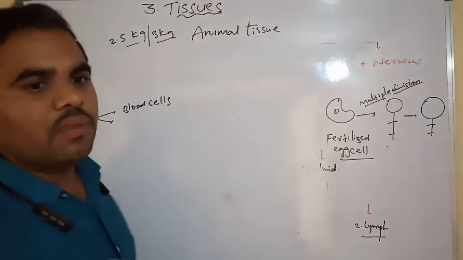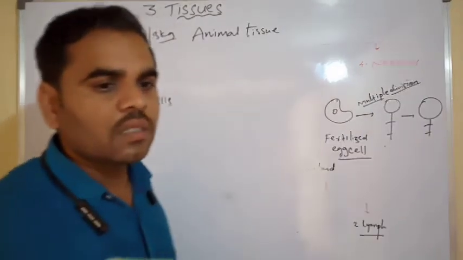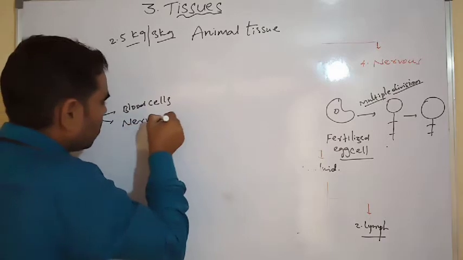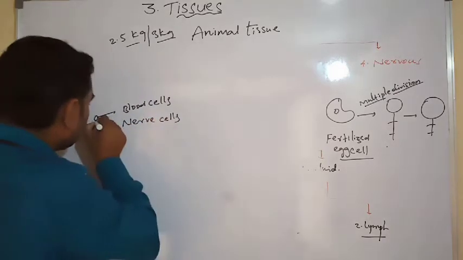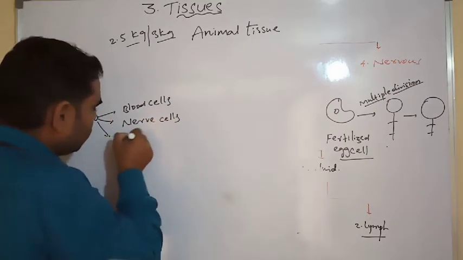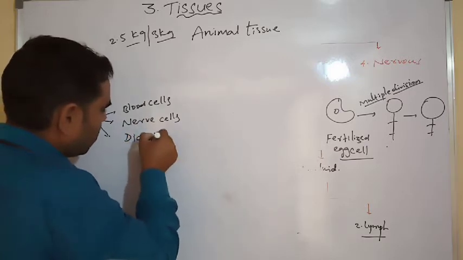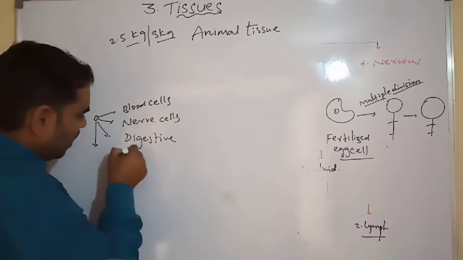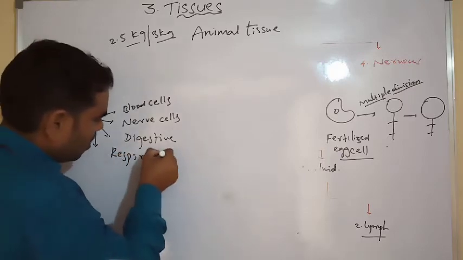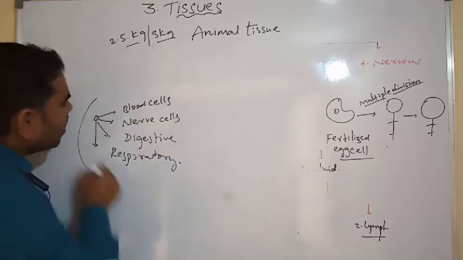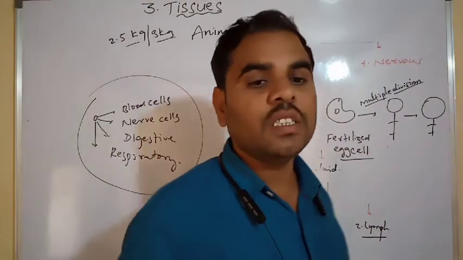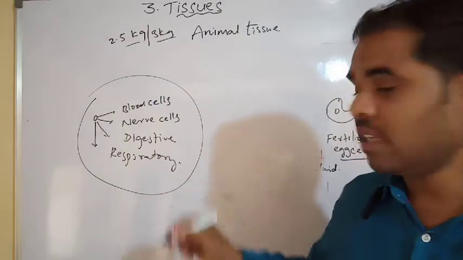These cells divide into nerve cells, digestive, respiratory cells. A number of cells are dividing like this.